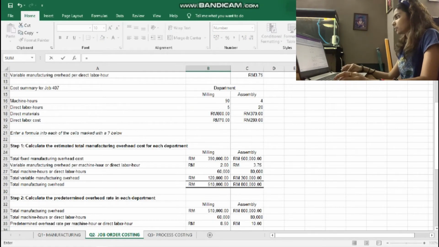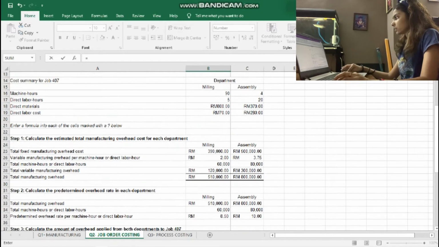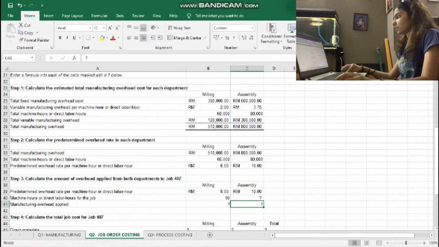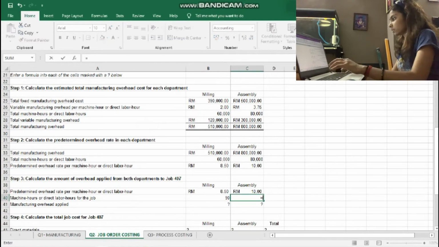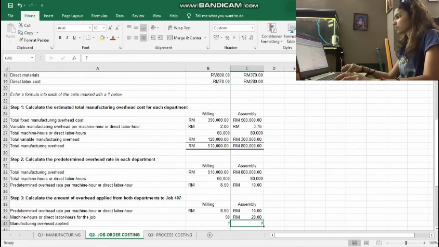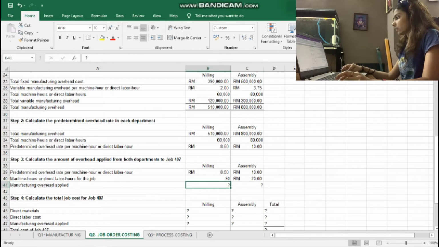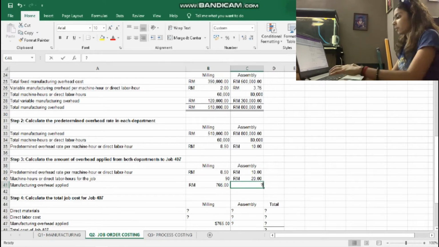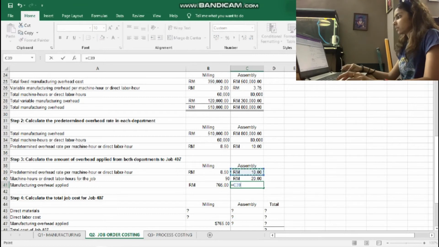So for machine hours it's 90, and for assembly direct labor hours is 20. So to get the manufacturing overhead applied, we have to times 8.50 times 90 will get 765 ringgit.